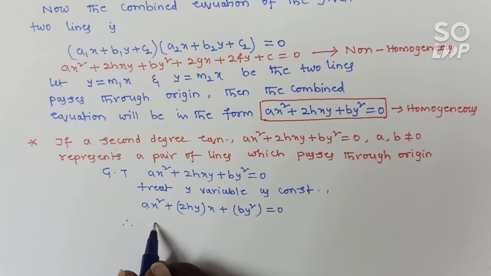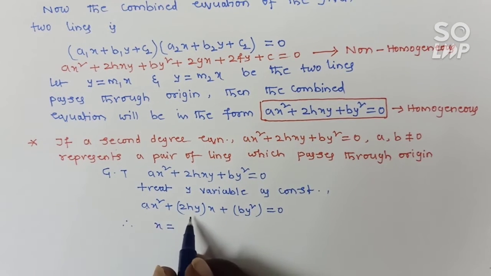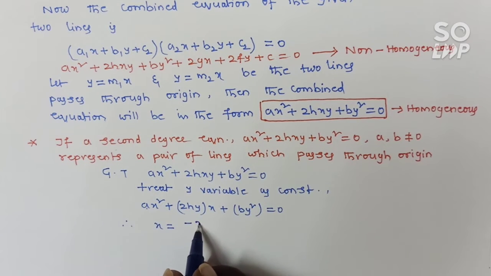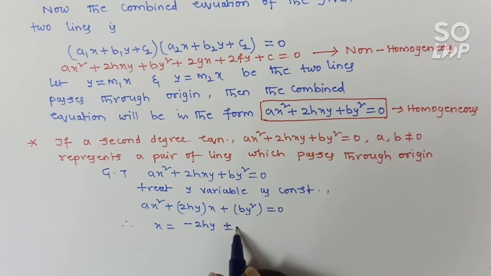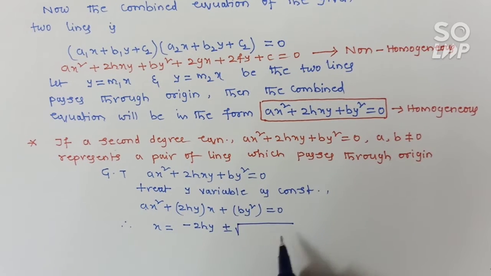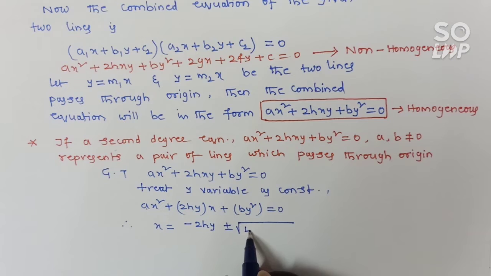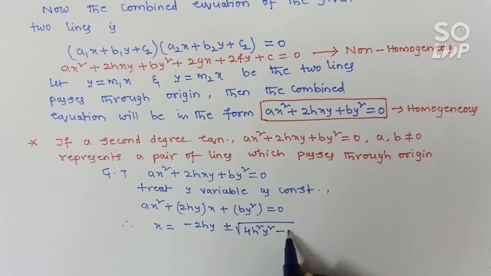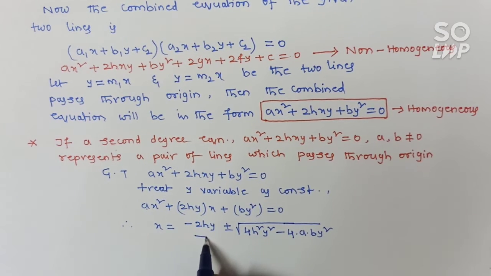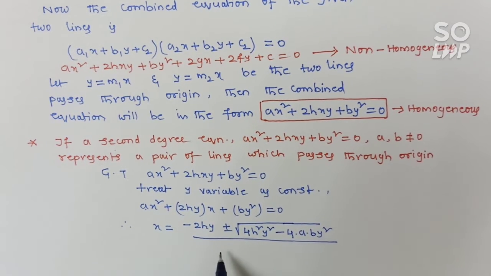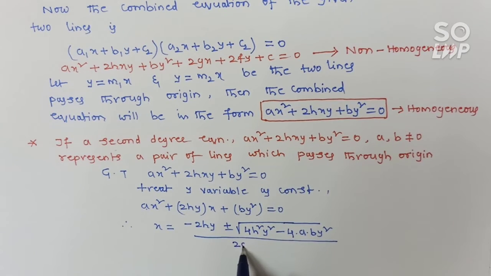Therefore x is equals to minus b, that is minus 2h into y plus or minus root of b square, that is 4h square into y square minus 4 into a into c, that is a into b into y square, whole divided by 2 into a.